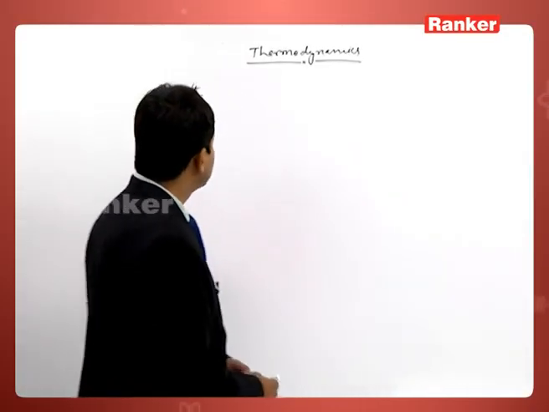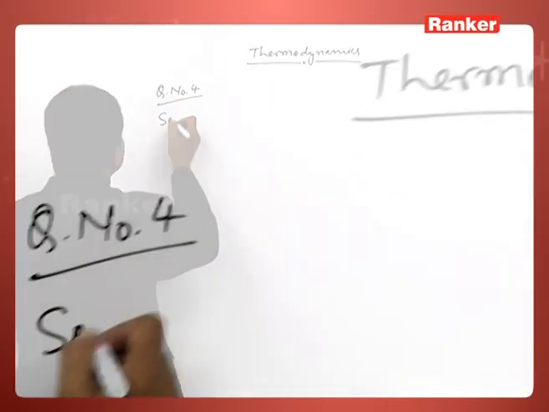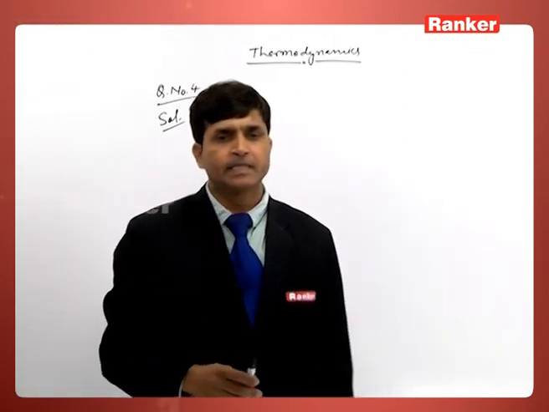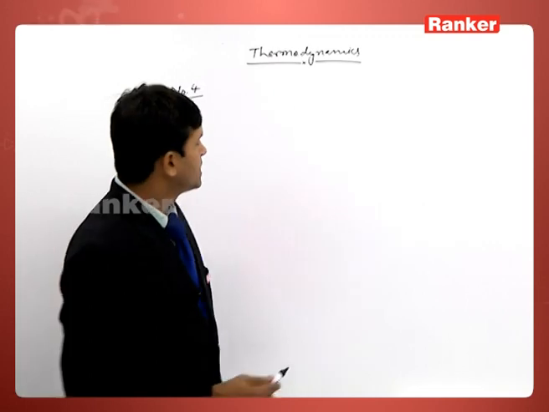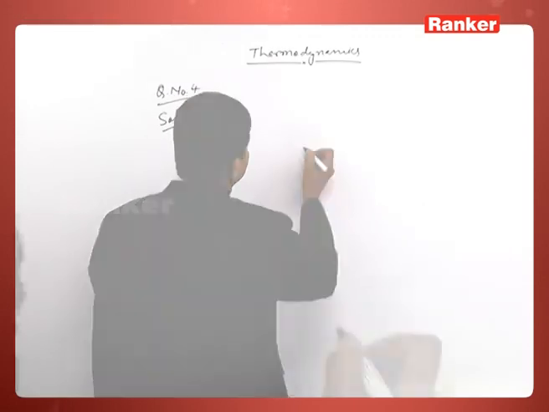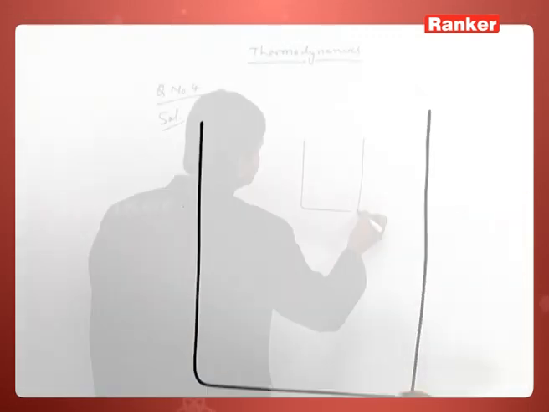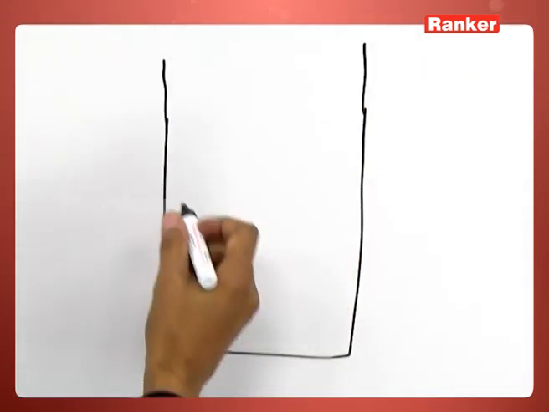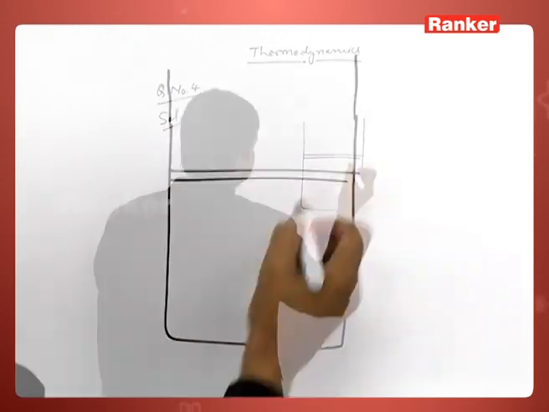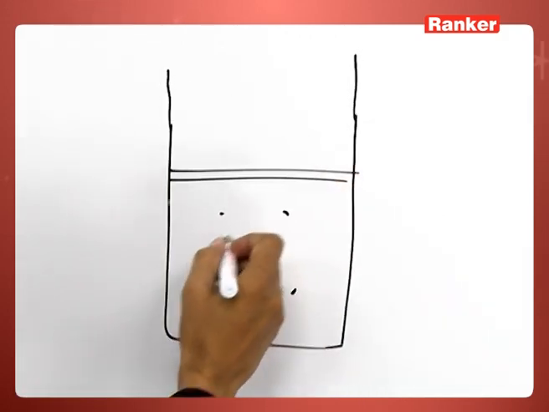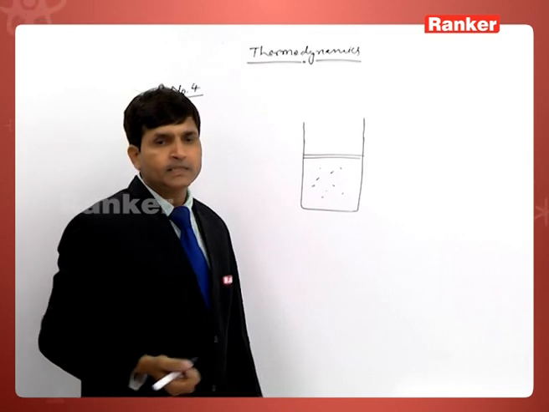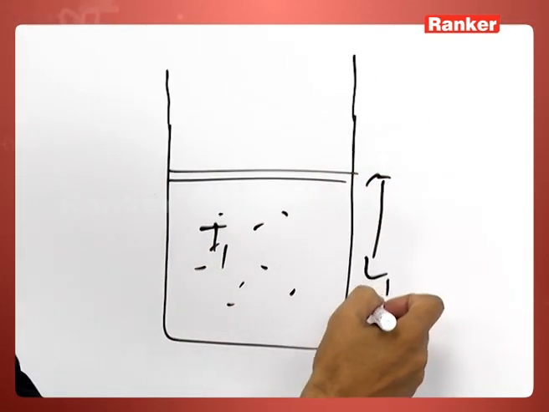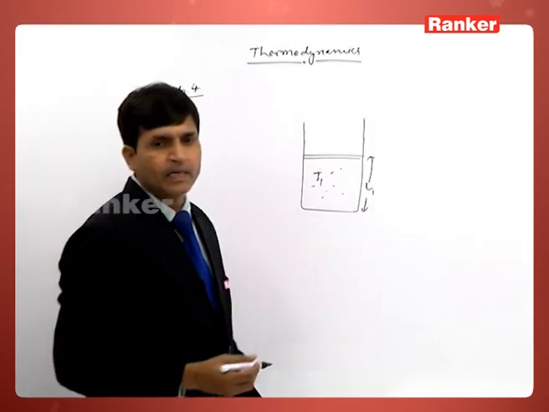So as per the given question, a monatomic gas initially at temperature T1 is enclosed in a cylinder fitted with a piston. Let this be the cylinder fitted with a piston, and right now the temperature of this is T1 and the length of this is L1.